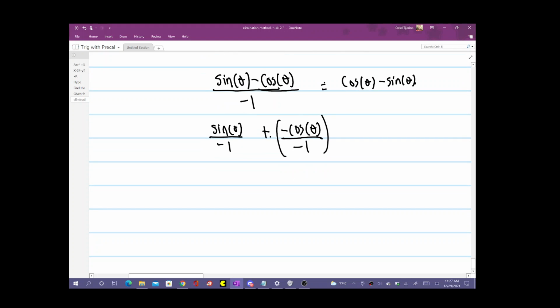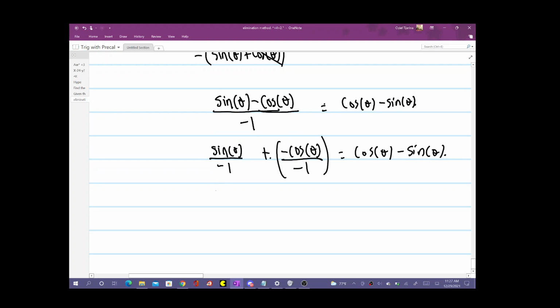Right? This is equal to cosine of theta minus sine of theta. So then this becomes negative sine of theta plus cosine of theta equals cosine of theta minus sine of theta.